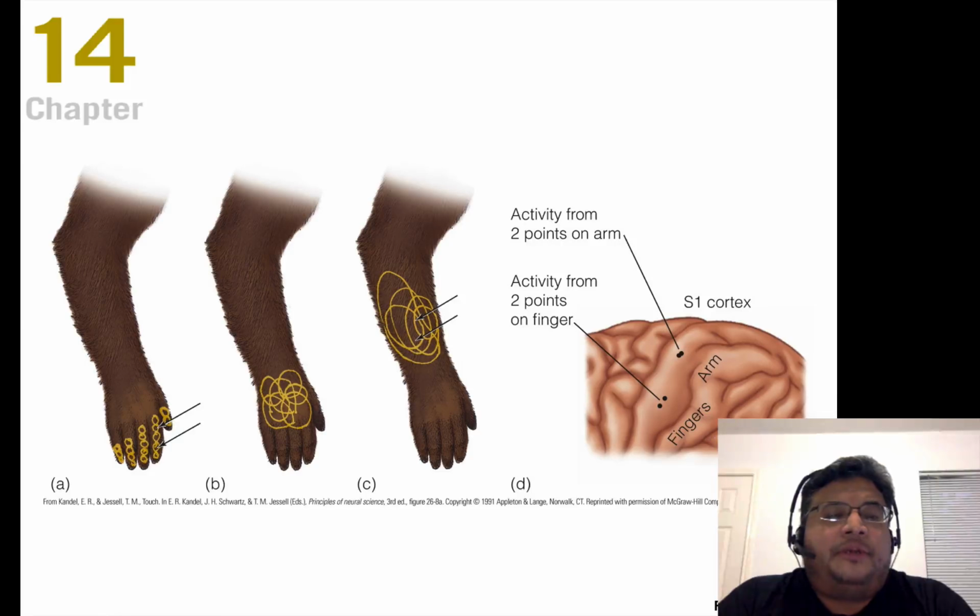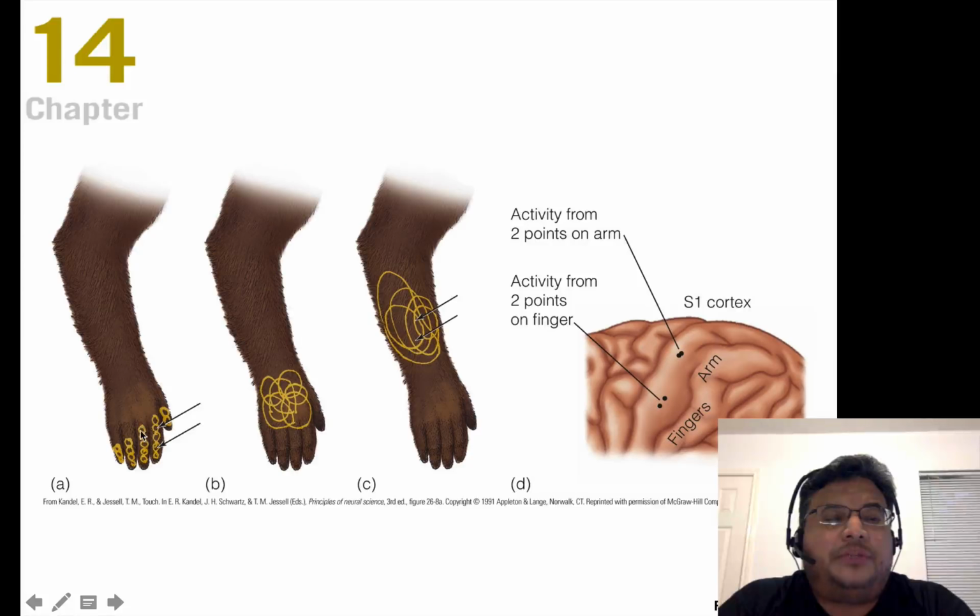This is a picture of the different receptive fields that we have represented on our body, and this is, I believe, from rhesus monkeys. The mapping of the receptive field relative to the cortical area. Notice in the fingers, the receptive fields are very small.